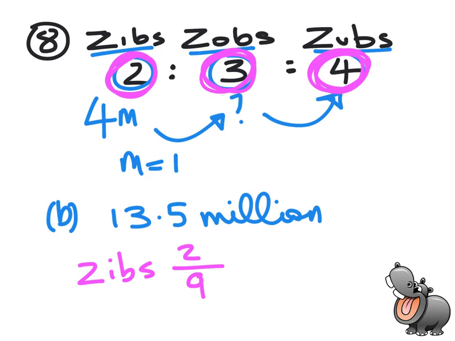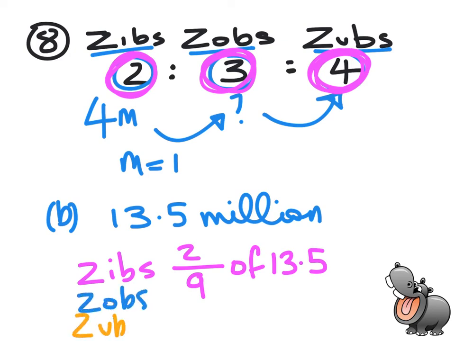So the question is really asking you, what is 2/9 of 13.5 million? So what's 2/9 of 13.5? Then repeat it again for the zobs, and then finally for the zubs.